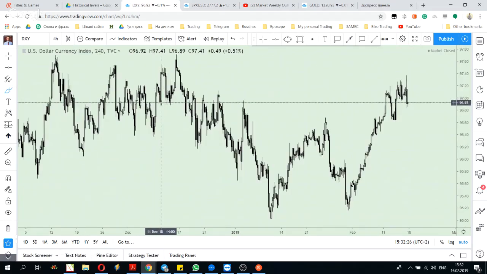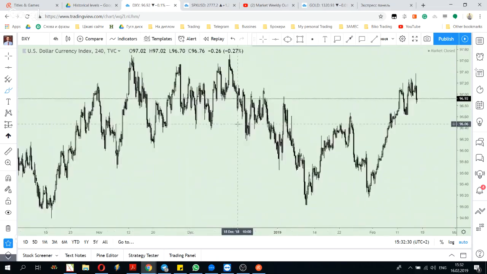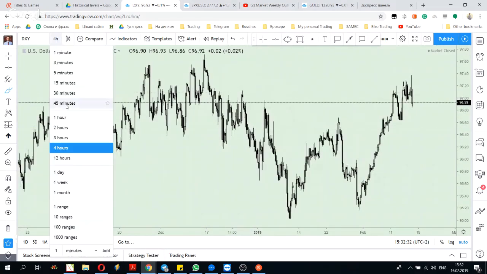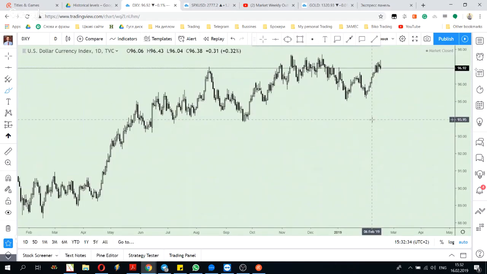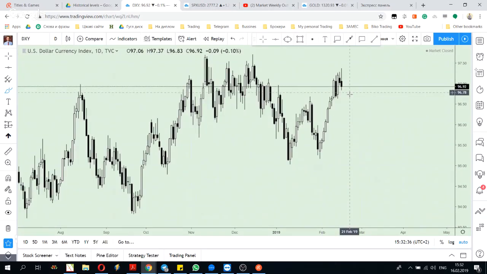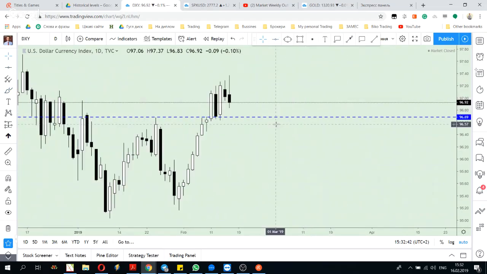What exactly would you like to hear about the dollar index? About dollar index, it looks like price created here a pretty nice level, as you see, it bounced first time, second time, third time, fourth time.